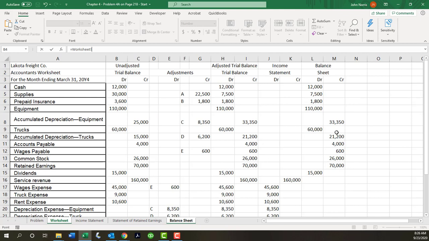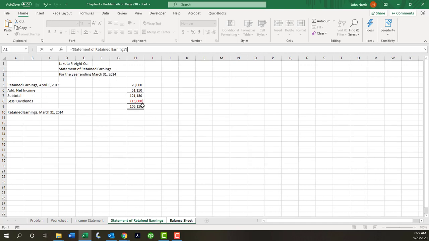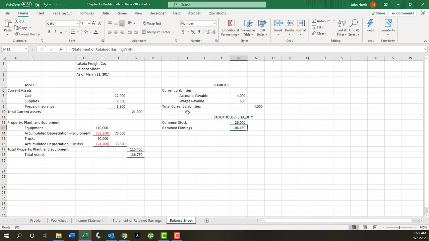Common stock equals 26,000. Retained earnings, we just calculated 106,150.